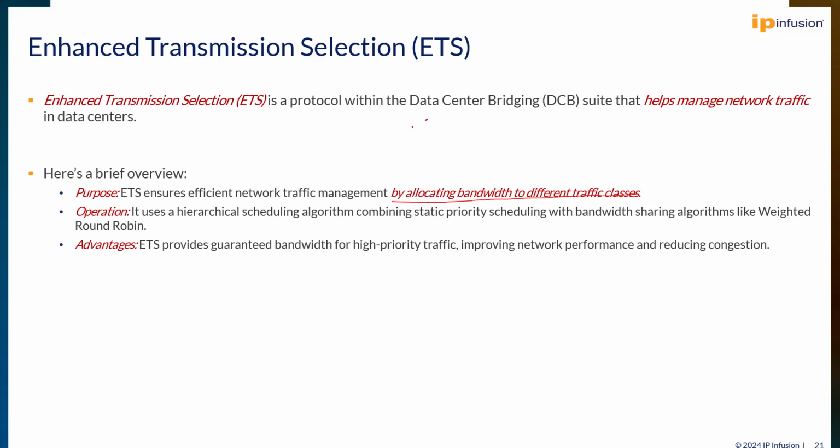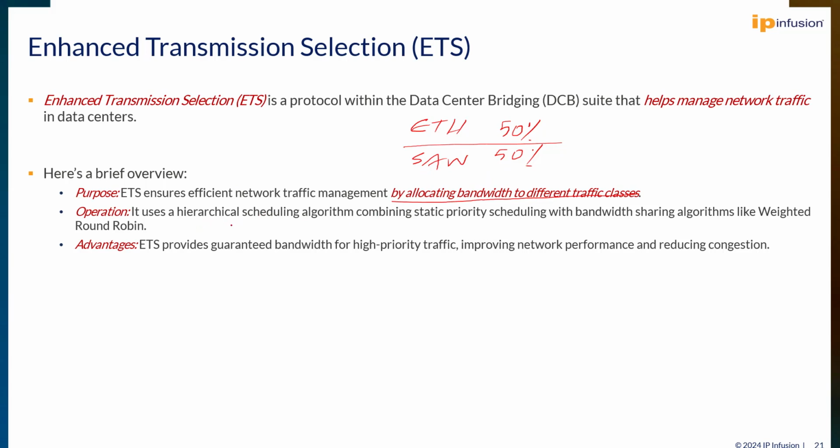I'm going to say for Ethernet traffic, I'm going to allocate something like 50% of the bandwidth, and for SAN traffic, I'm going to allocate another 50% of the bandwidth. So I'm not going to use the SAN's extra bandwidth in case there is extra bandwidth. I'm not going to allocate it to Ethernet, and this is kind of reserved, and based on that, I'm going to use this for our SAN traffic. So that is what we are going to do in ETS.